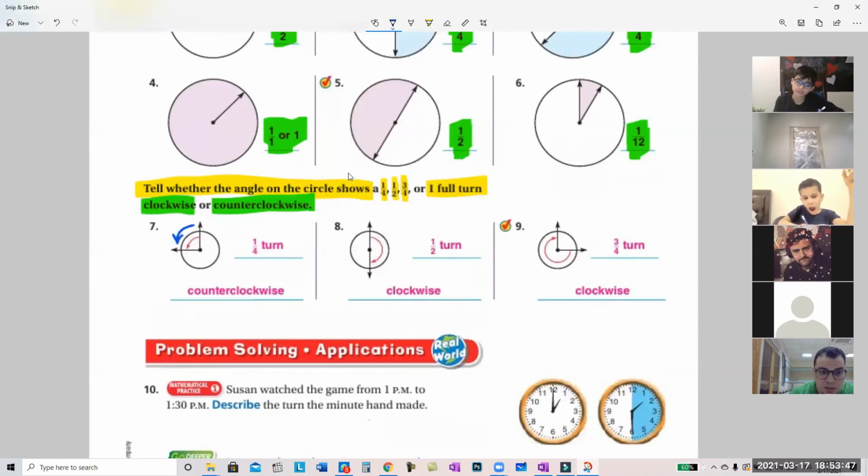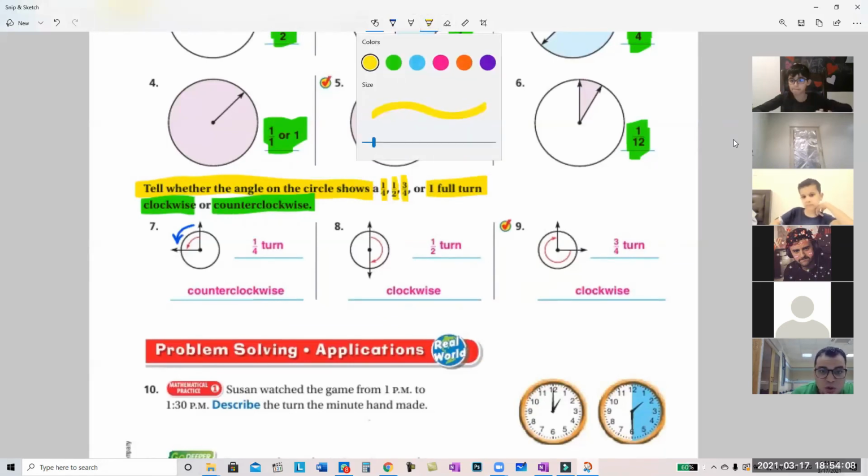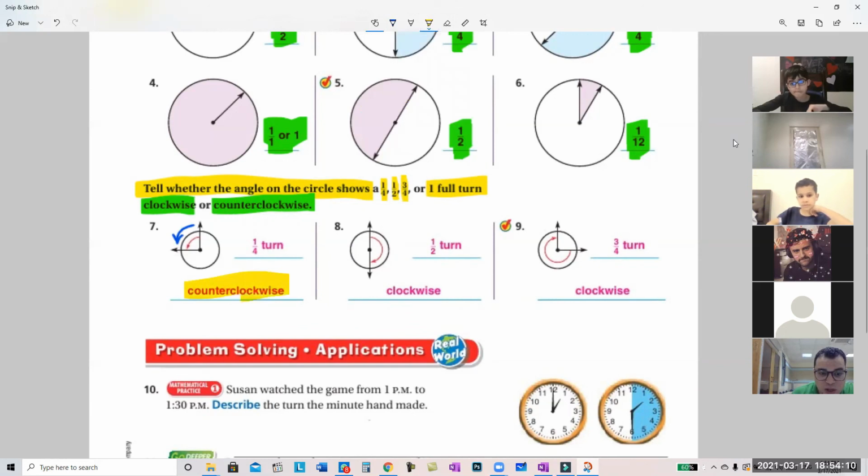Direction looks like that. So who can tell me it's clockwise or counterclockwise? Yes, Ryan? It's counterclockwise because it's the opposite direction to clockwise, right? If it was clockwise, it would be on this side. Yeah, great. So it's counterclockwise, that's the direction.